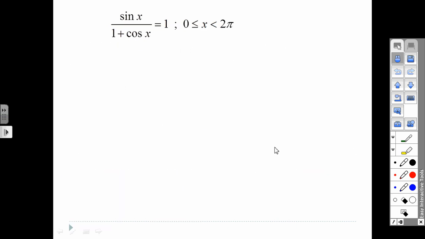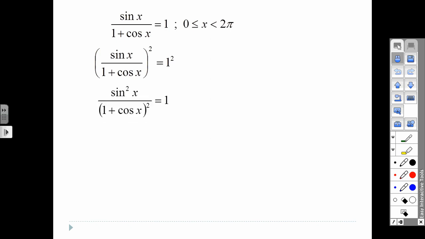So here it is. What I could do is I could square both sides. As long as you do to one side as you do to the other, you're good. So that would give me sine squared over 1 plus cosine, that quantity squared, equal to 1. I can replace sine squared with 1 minus cosine squared.